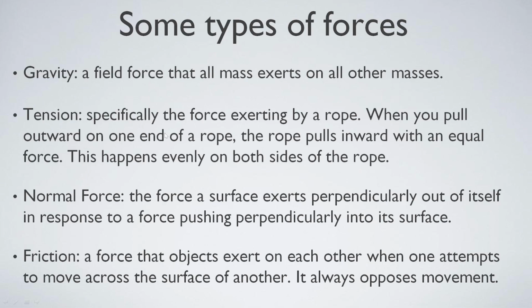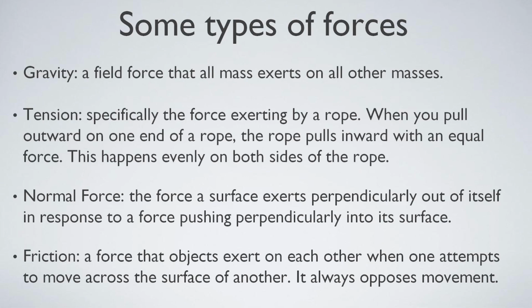Tension, a different vocab word, is just specifically the force in a rope. When you pull on a rope, it's going to pull. If you pull outward on a rope, the rope pulls inward, and the amount of inward force the rope exerts is just called tension. So when I say tension, I'm really just meaning the force within a rope for the most part. Normal force we've talked about briefly. Some people call it the support force.